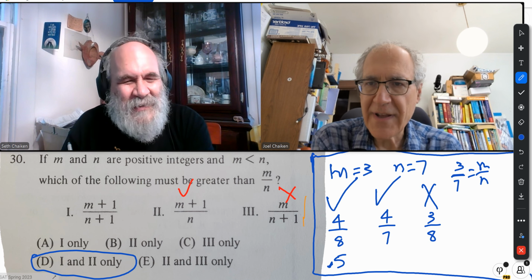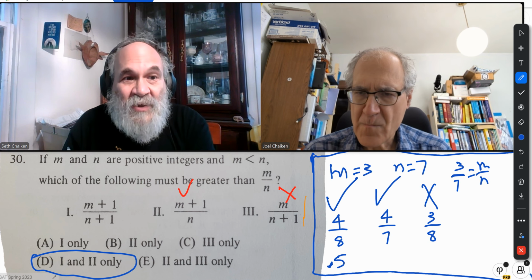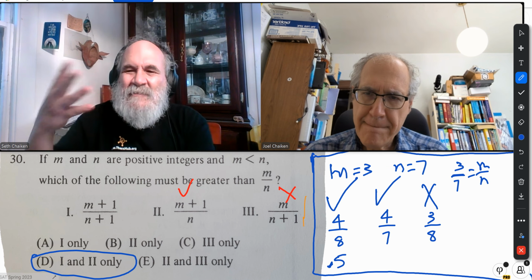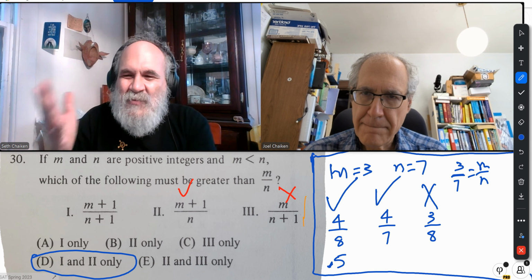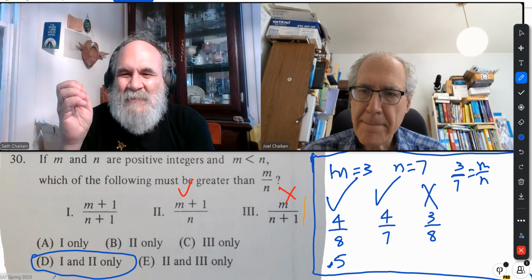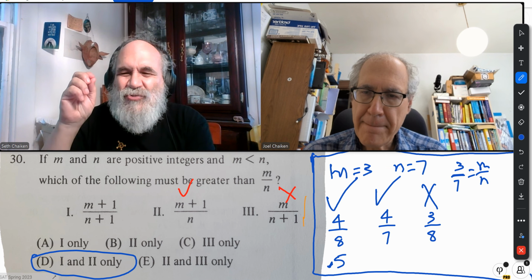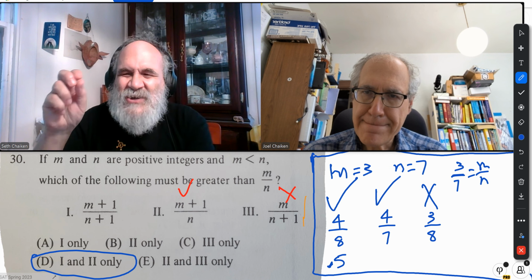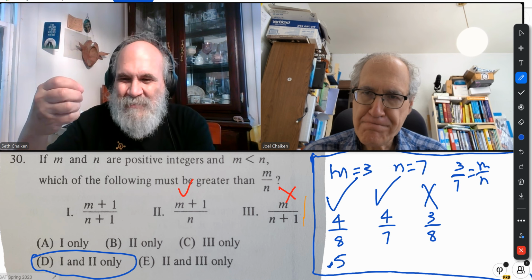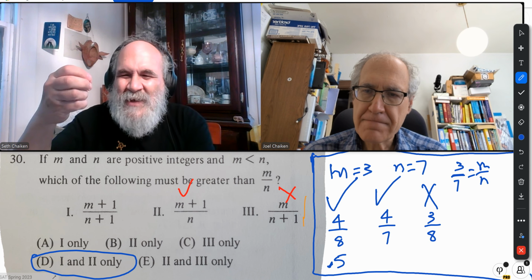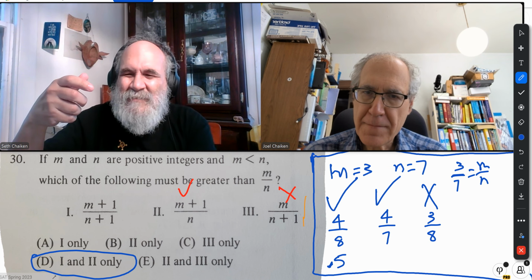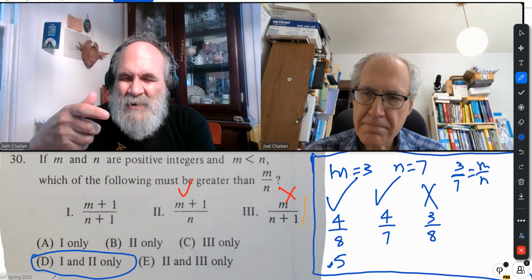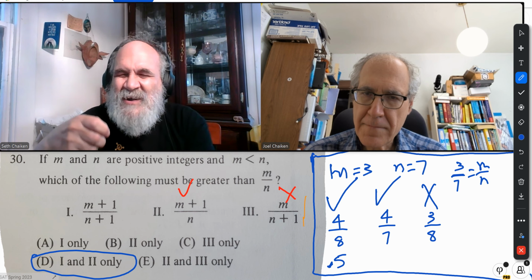Here's the deal. m is smaller than n. So if you add 1 to a smaller number, the growth factor, the ratio by which it goes up, since it's originally smaller, the proportion that it goes up is bigger than for the denominator number, where you have a bigger n.